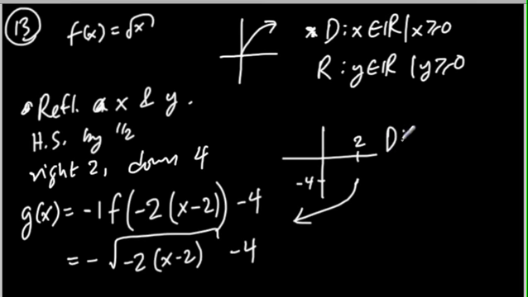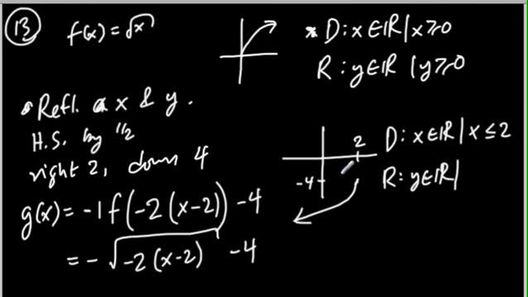The domain in this case is x is an element of reals, x is less than or equal to 2. The range is y is an element of reals, and y is less than or equal to negative 4. And that's our solution. Okay, so let's go to number 14.